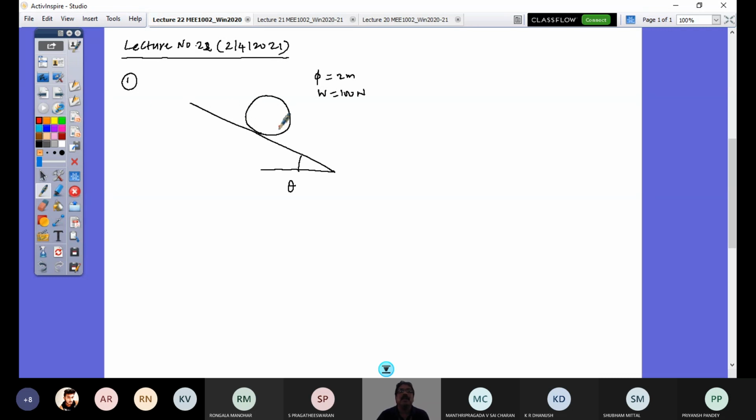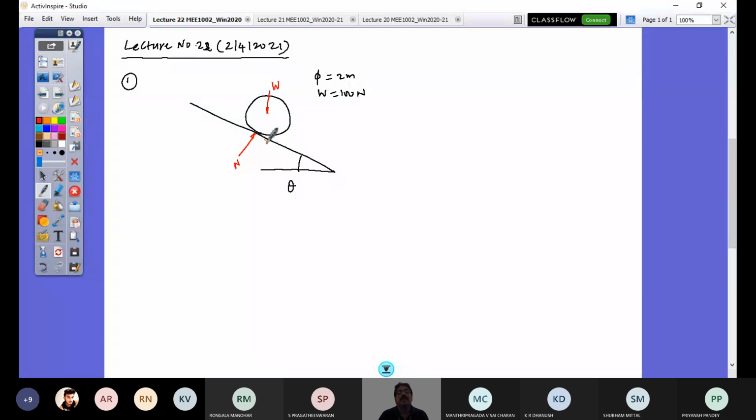Here, let's represent the weight of the cylinder, W. Now, what would be the free body diagram? I will have here a normal. And I would also have here a force. What is the direction of the force that we expect? Friction force?